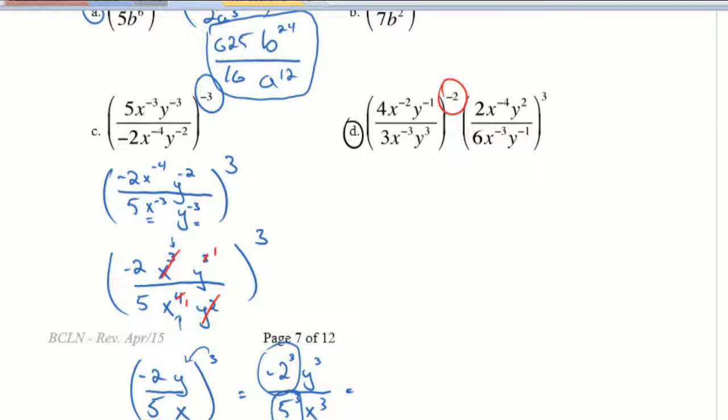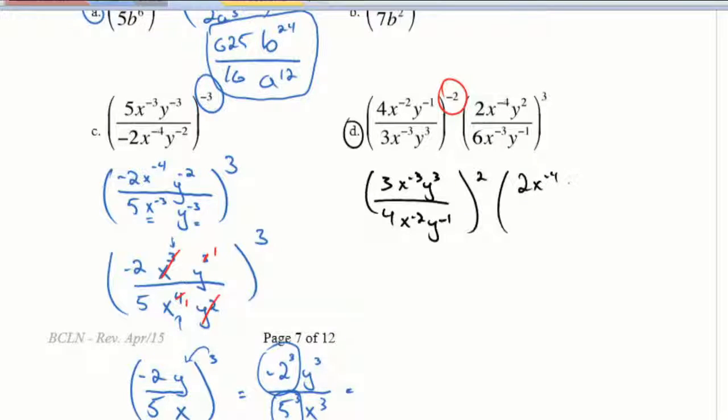So I'm going to flip everything in there. 3x to negative 3, y to the 3, over 4x to negative 2, y to the negative 1, all to a positive exponent now. So all I've done is flipped everything in the first bracket, taken the reciprocal to make my exponent go from a negative to a positive.